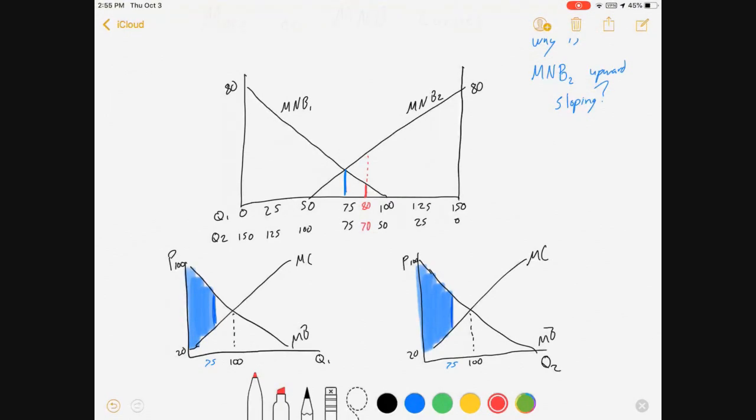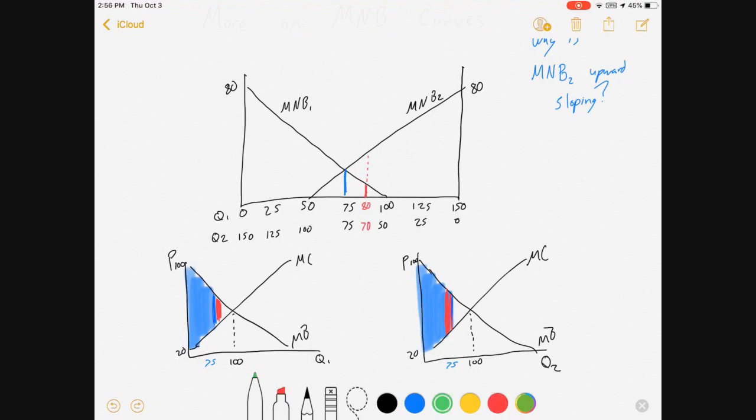Now, how can that be? Well, I am adding smaller areas in my triangle in period 1, and I am losing larger areas in period 2. So the gains in period 1, as shown by this chunk, are outweighed by the losses in period 2, as shown by moving back to this.